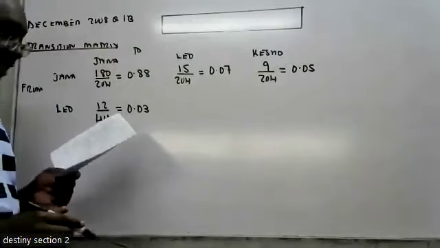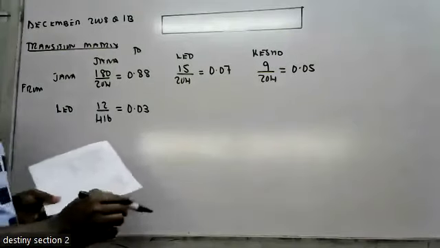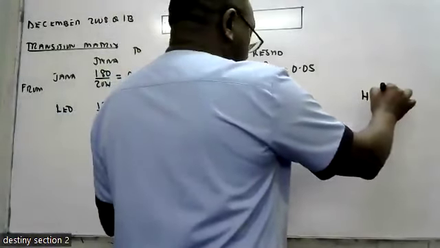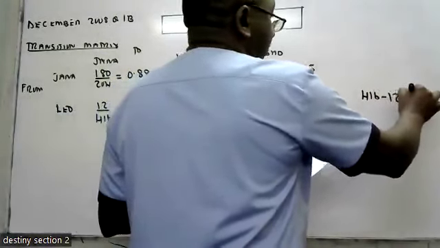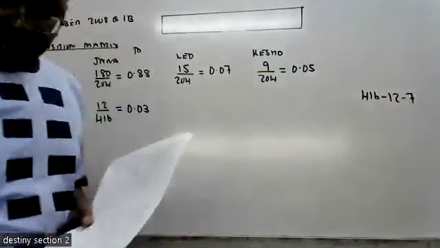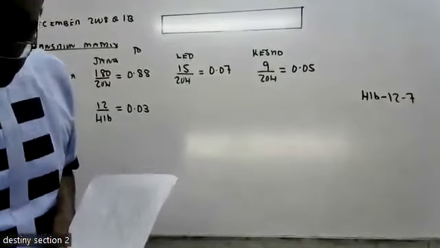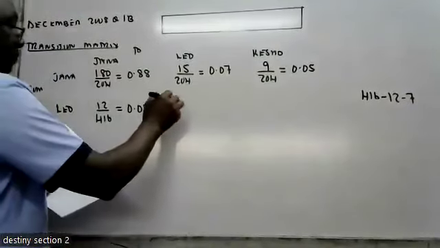Then I need to get the retention. The retention, tumesema, it will be this 416, you minus 12, you minus 7. So 416 minus 12 minus 7 is 397.